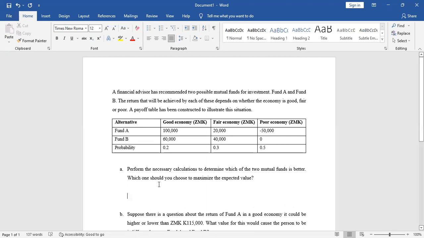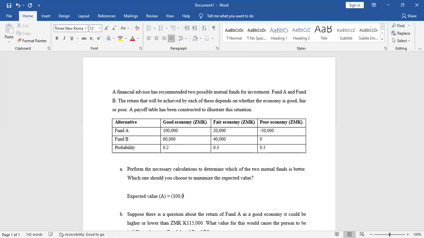We'll simply say the expected value for A will be equal to the returns multiplied by the probability. So for Fund A, in a good market, the payoff was 100,000.